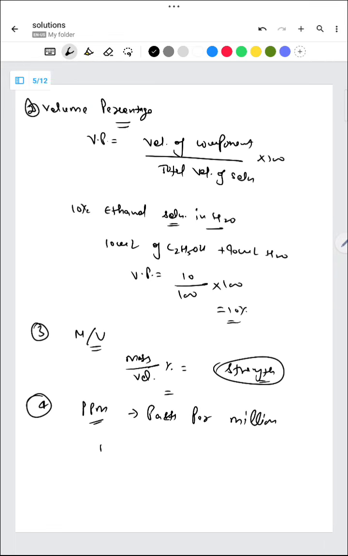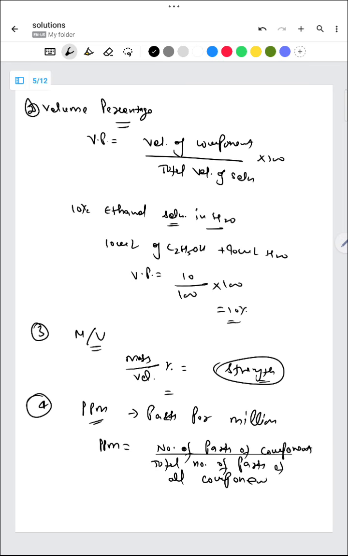So what is it? ppm is equal to number of parts of component divided by total number of parts of all components of solution and into 10 to power 6.